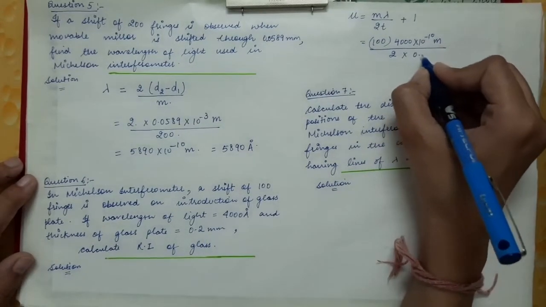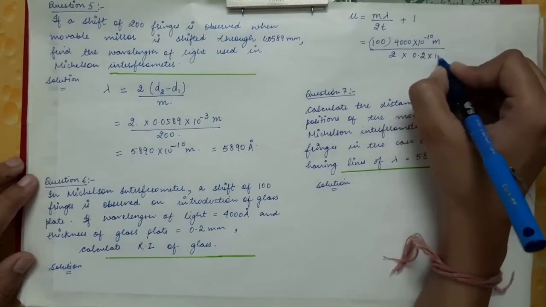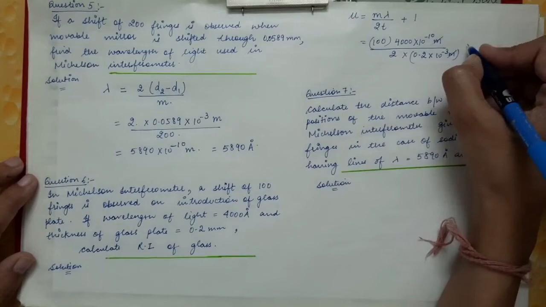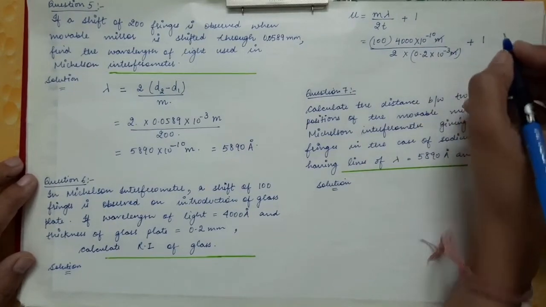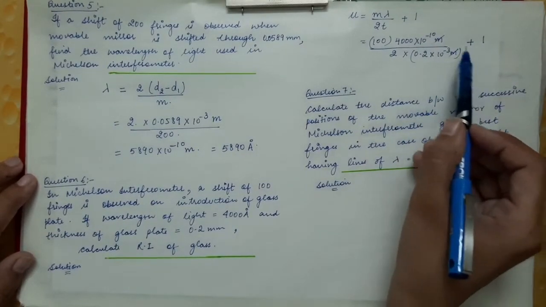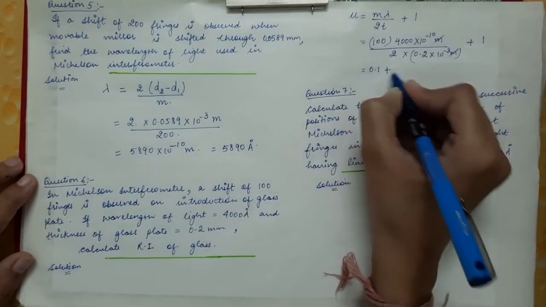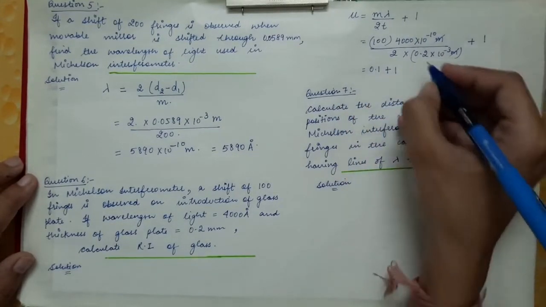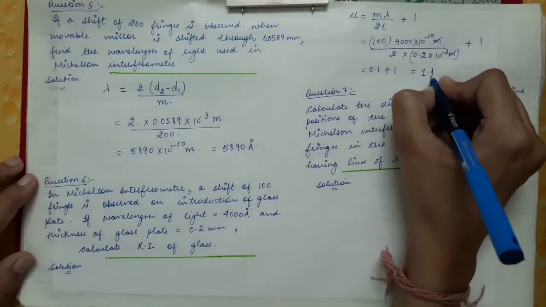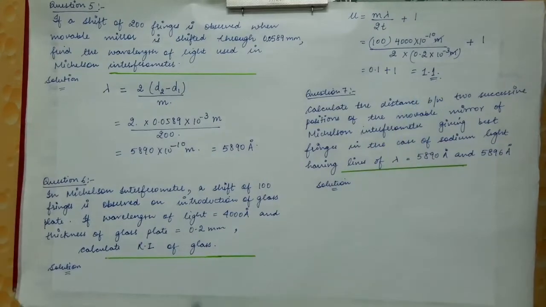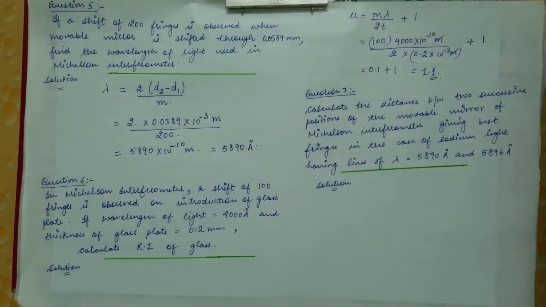So in terms of meters, it will be 0.2 into 10 power minus 3 meters. So meter and meter will cancel, plus 1 will remain as it is. So on evaluating this value, it will come out to be equal to 0.1 plus 1, so it will be equal to 1.1. So the refractive index of the glass plate comes out to be equal to 1.1.